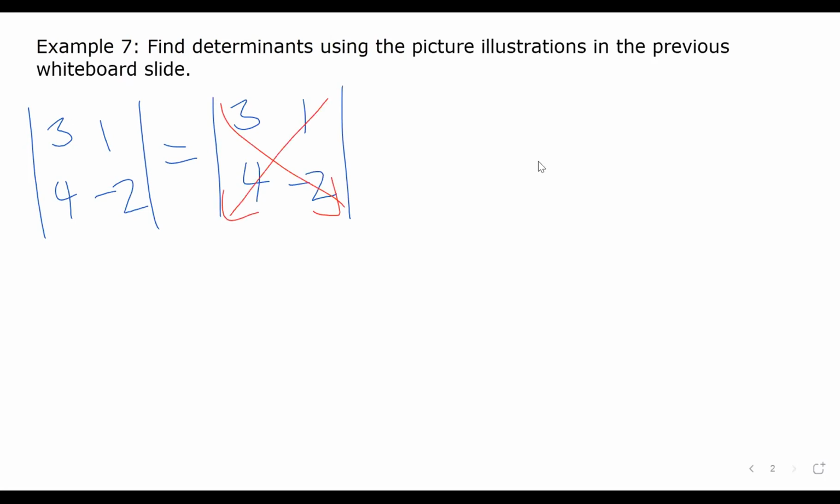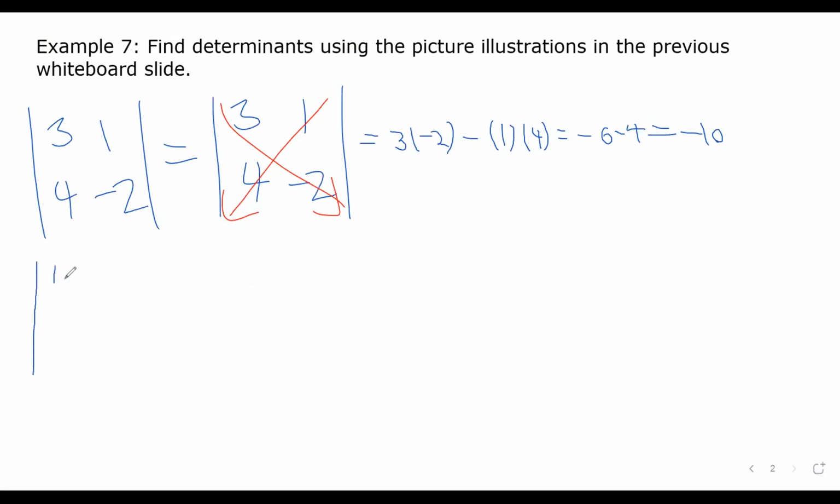The illustration tells you that this is equal to 3 times -2 minus 1 times 4. This is equal to -6 minus 4, which is -10. So simple.